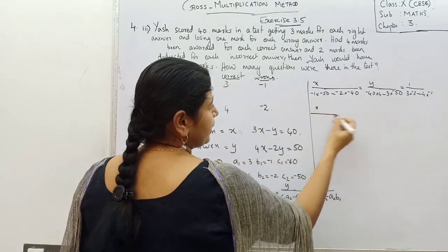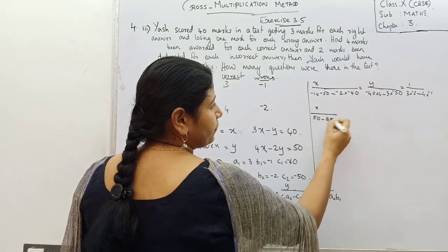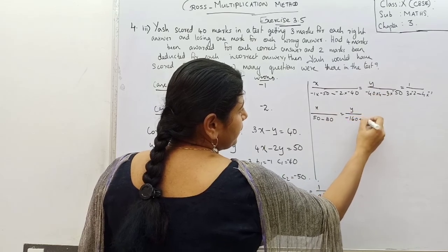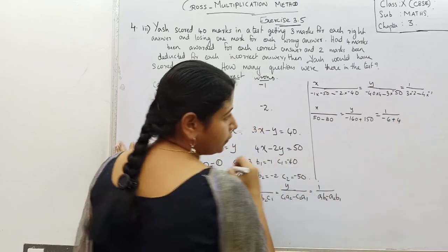So we will get x by 50 minus 80, equal to y by minus 160 plus 150, equal to 1 by negative 6 plus 4.